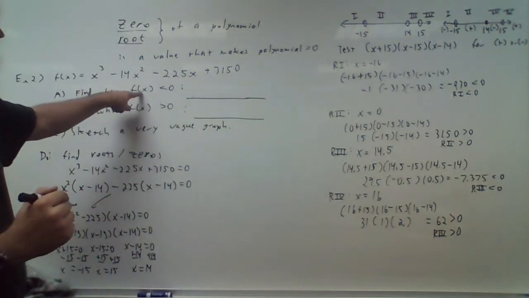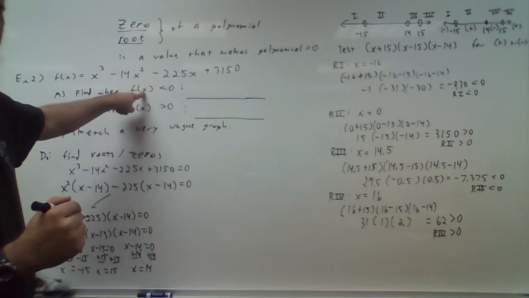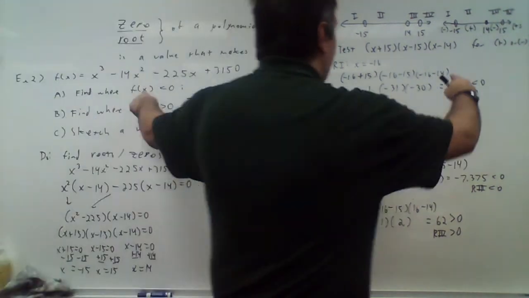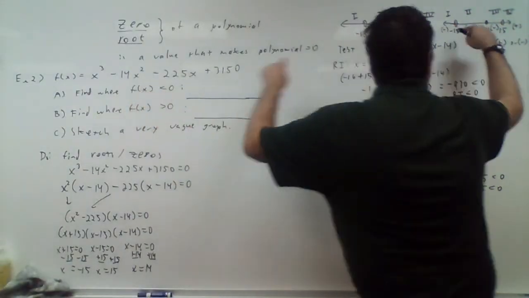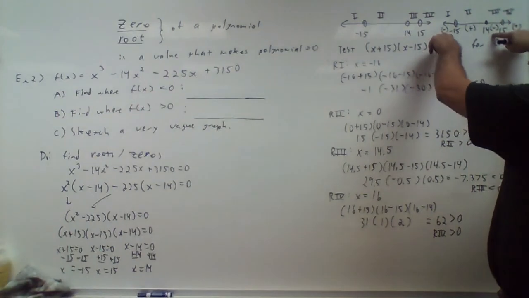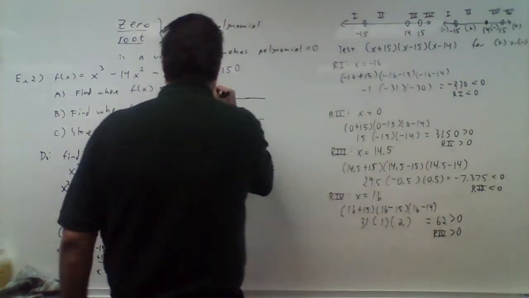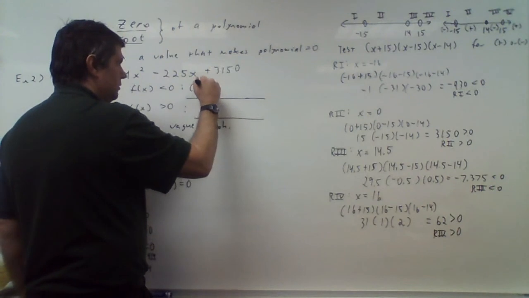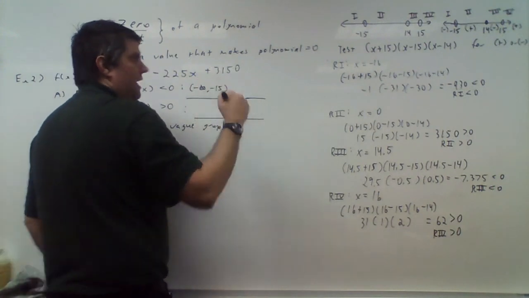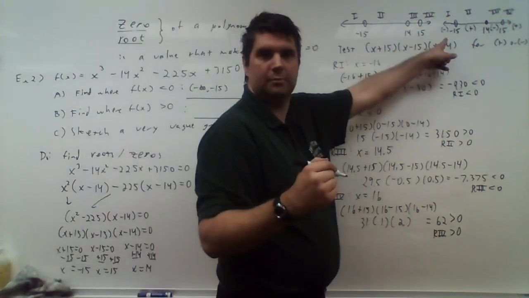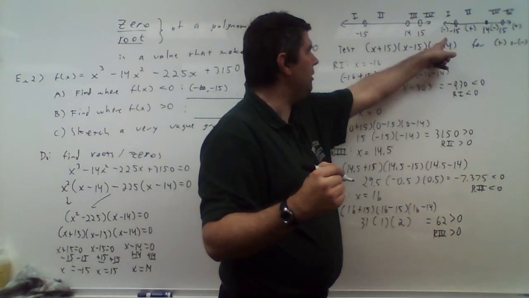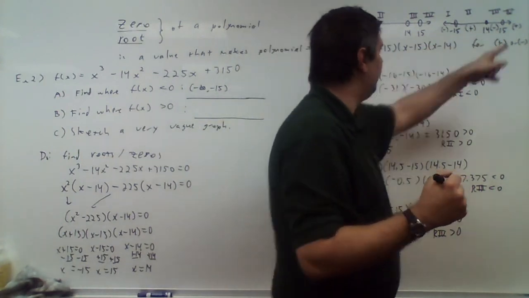F of x is negative, is less than 0, where we have negatives. So we're negative here. So negative infinity up to negative 15. That's region 1. Okay? The other one is 14 to 15.